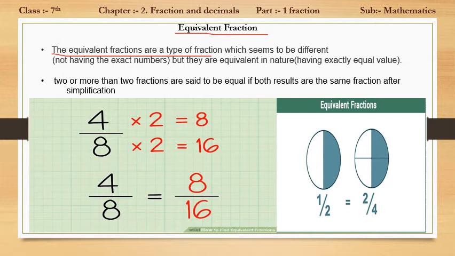When we simplify them, we get the same fraction. So two or more fractions are said to be equal if both give the same fraction after simplification.